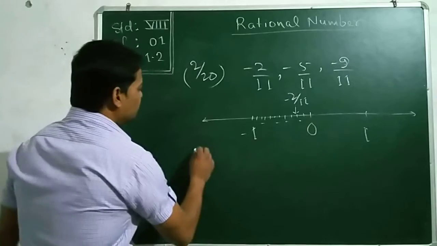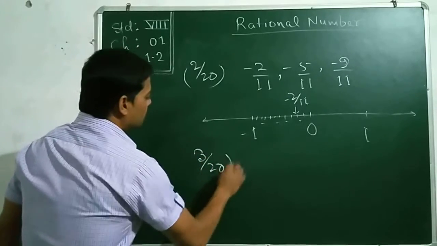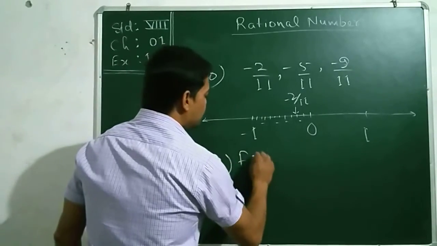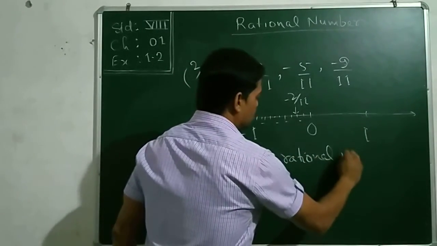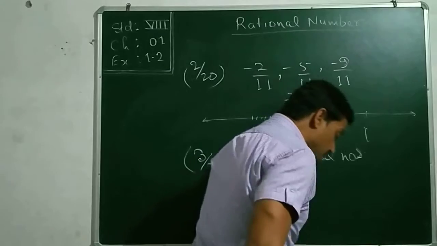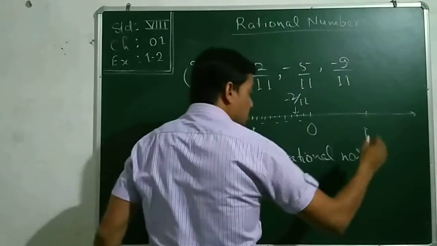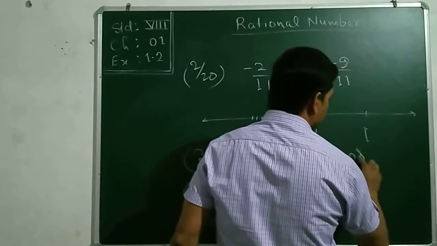Now come to the third. In the third sum, see, 5 rational numbers are asked, which are smaller than 2.